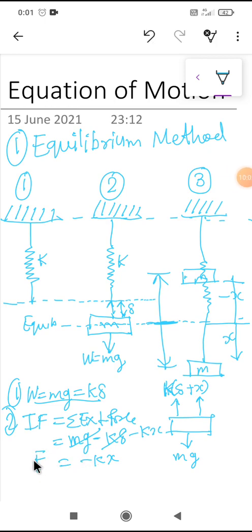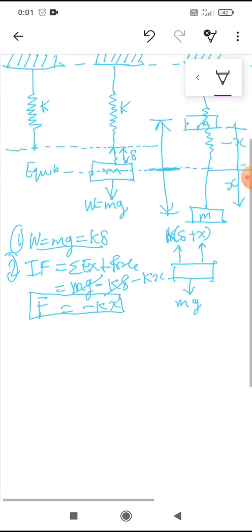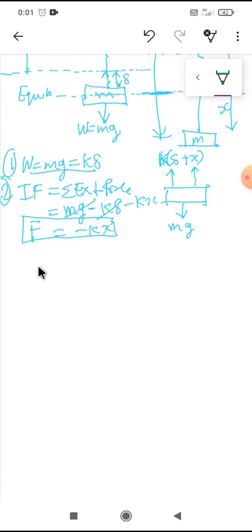But before writing that, remember this important equation: F is equal to minus kx. Now we move further: F is equal to ma, where a is acceleration, so I can write it as d square x by dt square, the second derivative of distance, equal to minus kx.